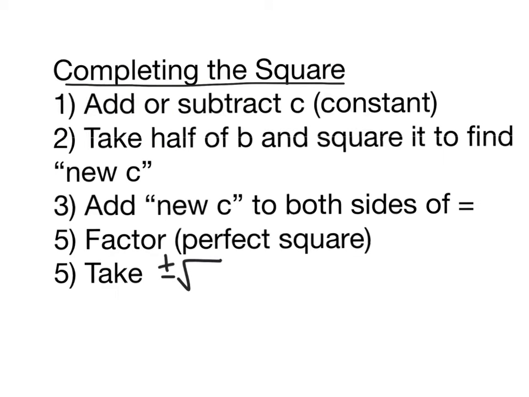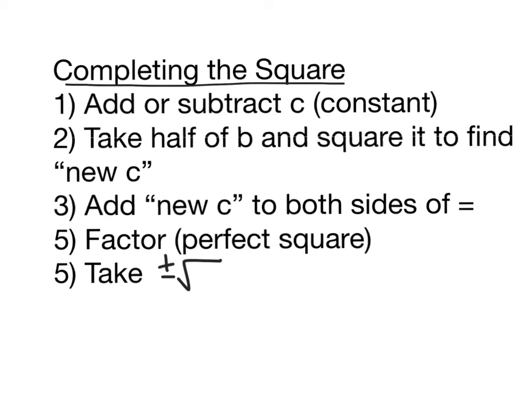So the first step for completing the square, you're going to add or subtract c, which is the constant value. Then you're going to take half of b and square it to find what I'm going to call the new c. And then we're going to add the new c to both sides of the equation. At that point, we will factor, and it'll be a perfect square.